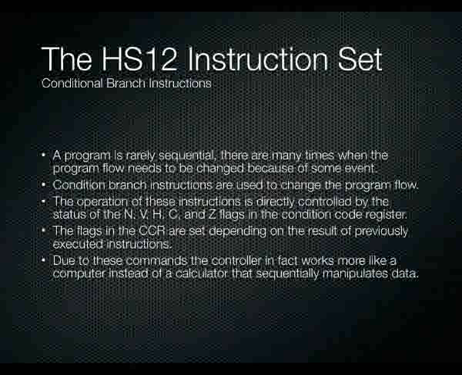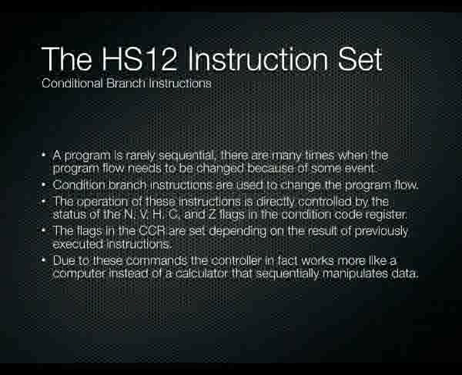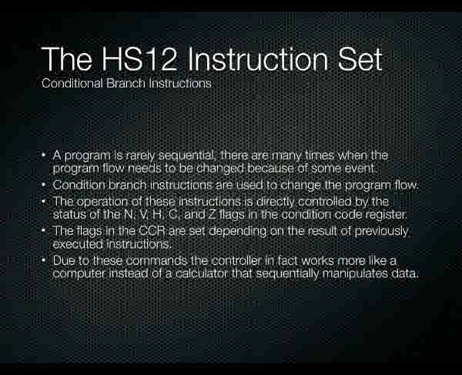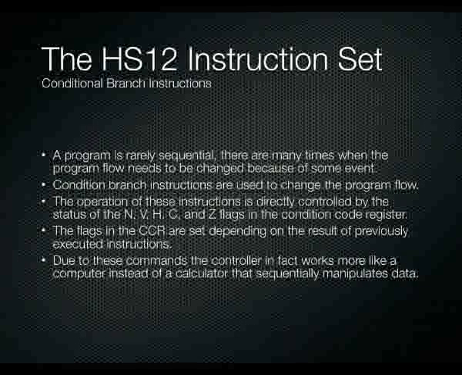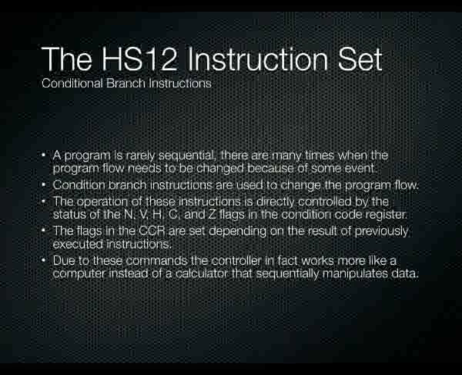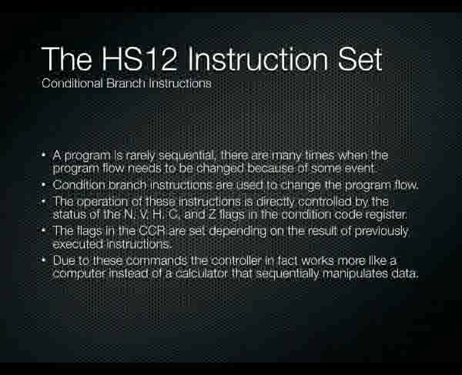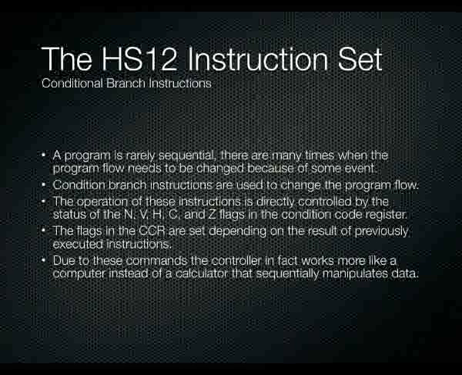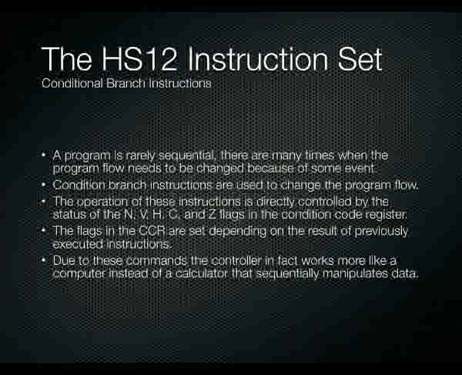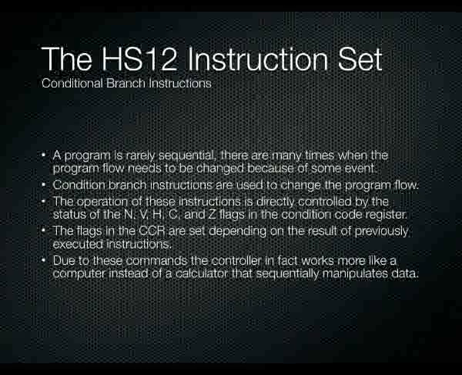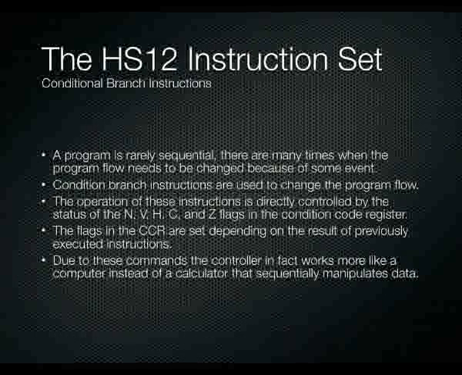I've talked about branching and about the comparison instructions, and they usually go hand in hand with a conditional branch instruction of some kind. Normally you'll compare a register to a value and then change the program flow using a conditional branching instruction. A program is very, very rarely sequential. There are many times when the program flow needs to change as a result of some event that's taken place.